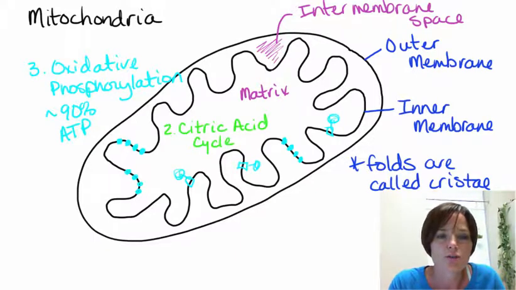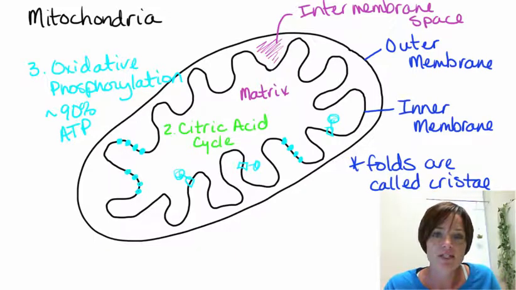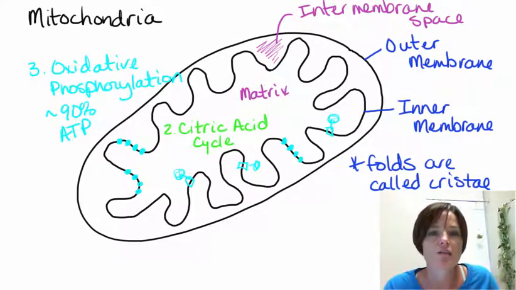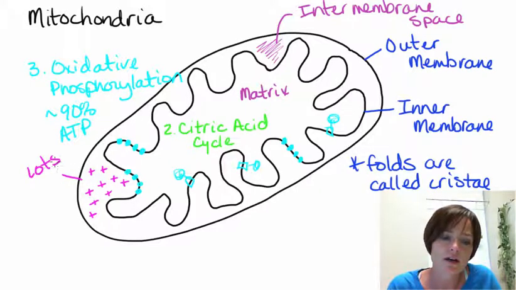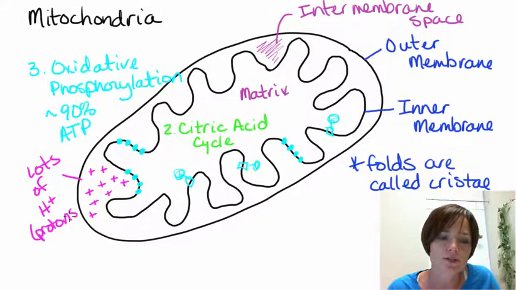One other thing that I do want to point out is when we have this separation of the matrix and the intermembrane space, we're going to have ion gradients. In the intermembrane space, we're going to find a very high positive charge, and this will be due to lots of hydrogen ions, so H pluses, which we often refer to as protons, because that's really about all there is to them.